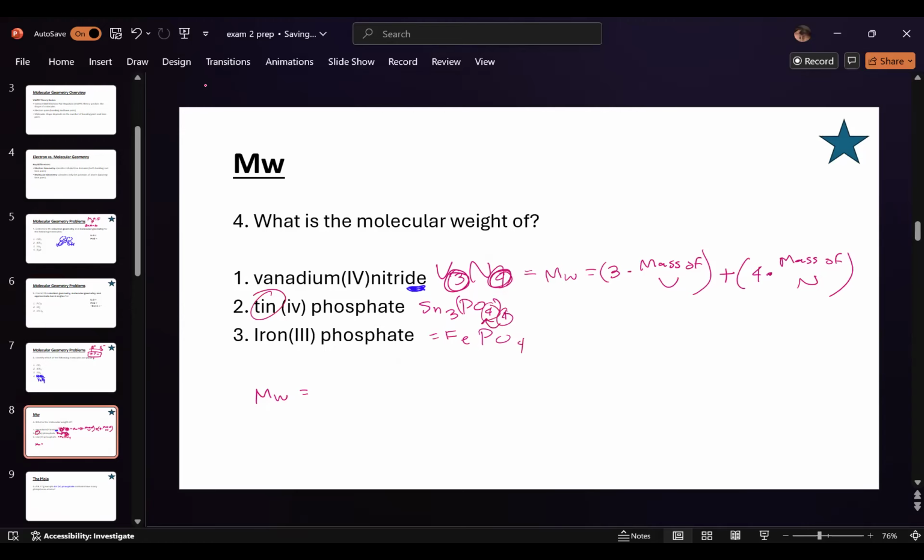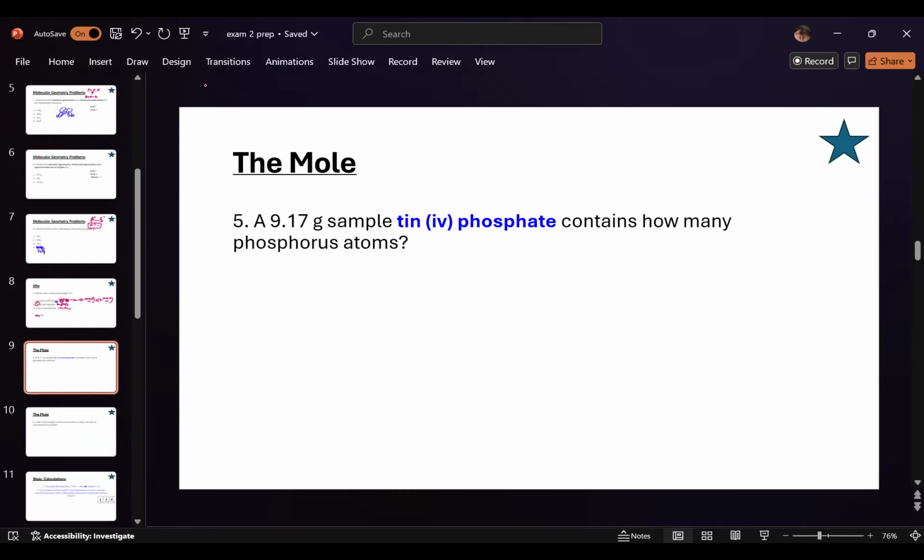You don't have 4 oxygens in that molecule, you have 16 oxygens. Please never forget about multiplying what's inside the parentheses. And the same thing for the iron 3 phosphate. It would take too long, so I'm not going to go through it.